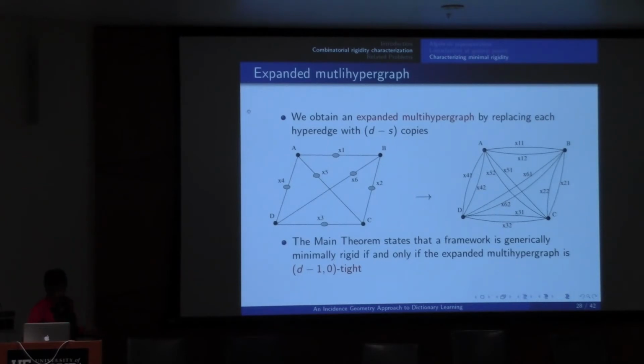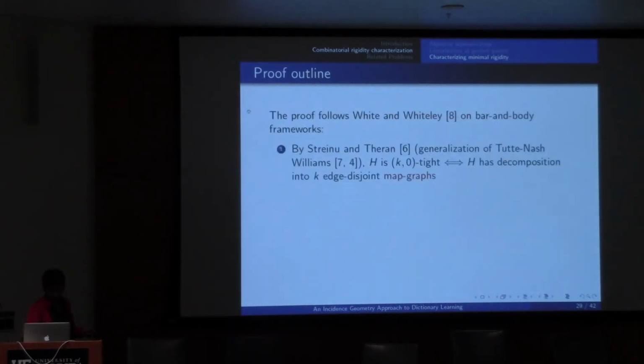And there's a nice theorem by Tutte and Nash-Williams, which was extended a little bit to talk about tightness instead of sparsity. The Tutte-Nash-Williams theorem says that we get this kind of sparsity condition.